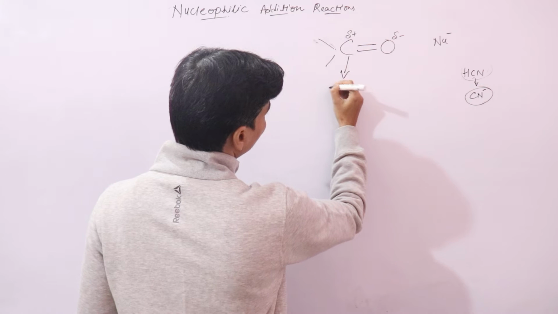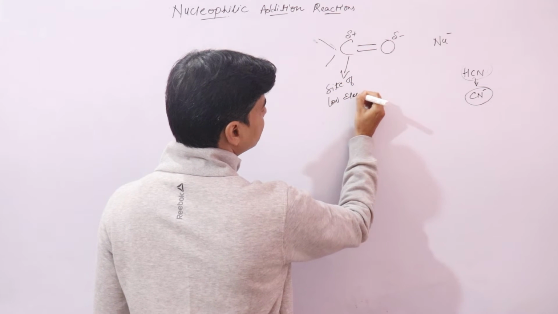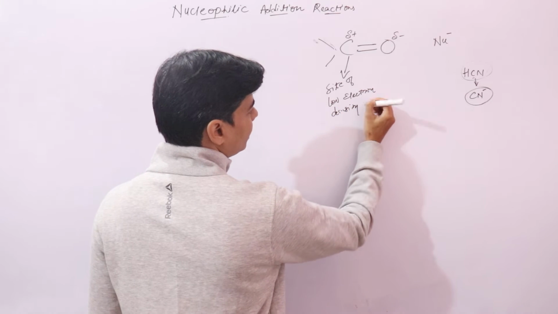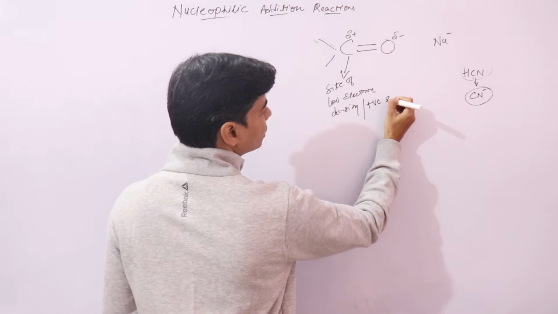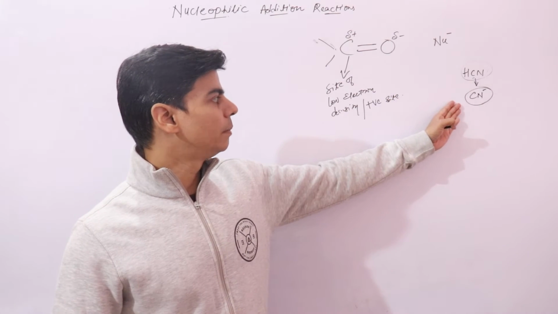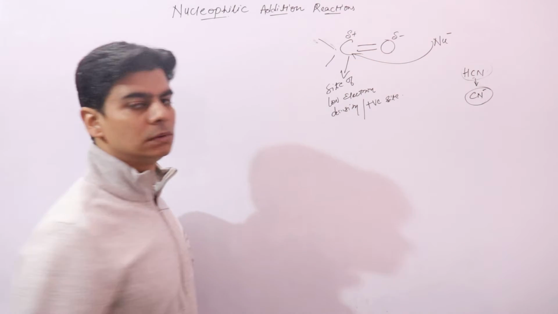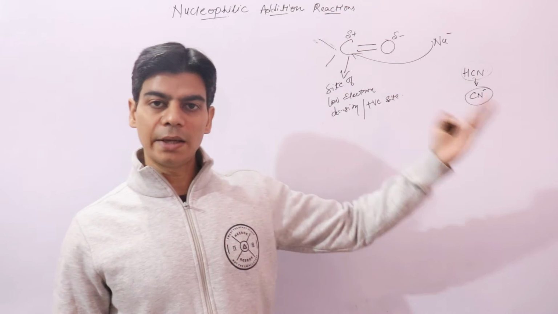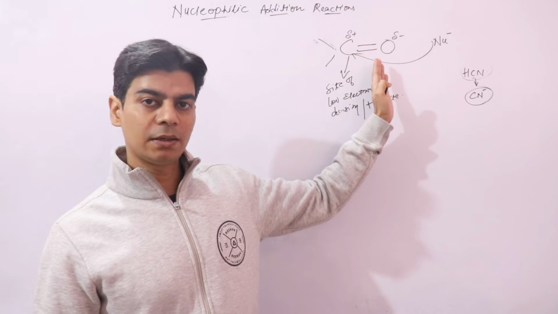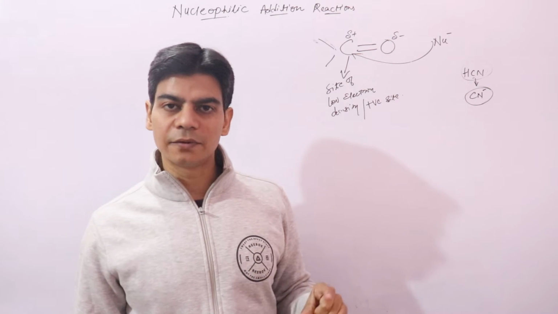This is a positive site in the organic compound, which would be attacked by the negative nucleophile. And oxygen, because it has high electronegativity, will pull the electrons of the pi bond towards itself, thereby acquiring a small negative charge.